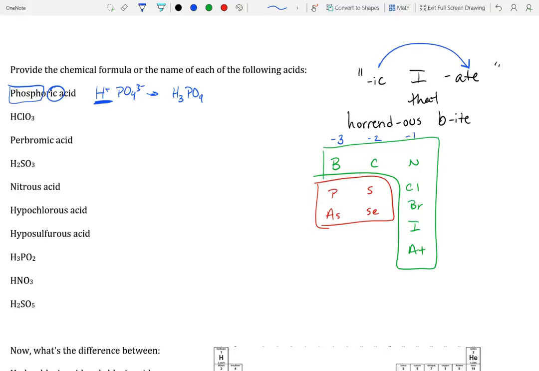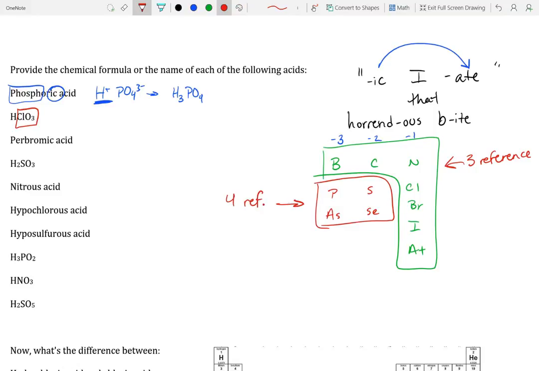Okay, so HClO3. Well, let's identify what polyatomic oxoanion is in there. So ClO3. We know that there's Cl right here, right? It's inside the rule of 7. We know that the elements in this rule of 7 have 3 reference oxygens, and the box has 4 reference.